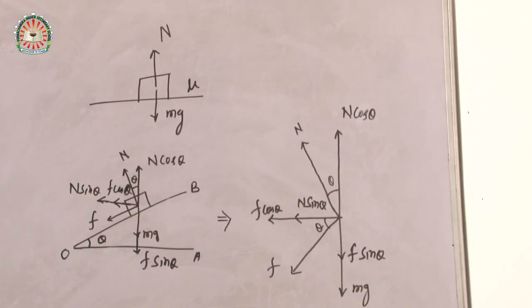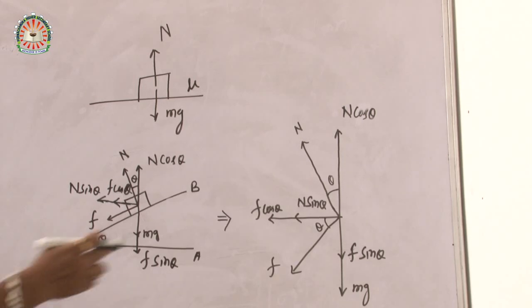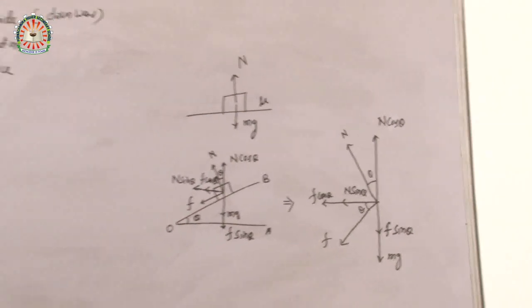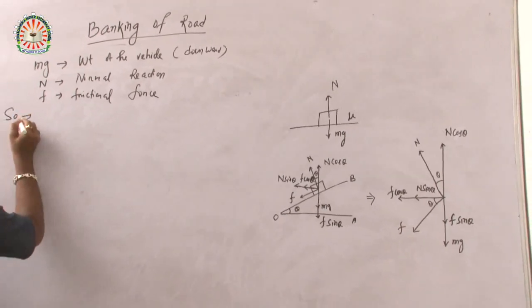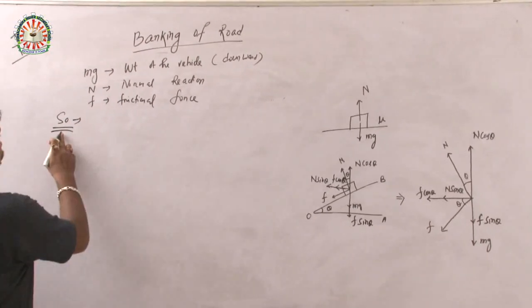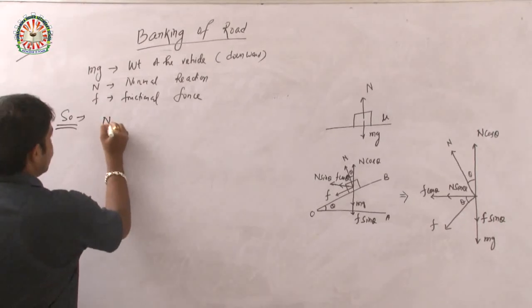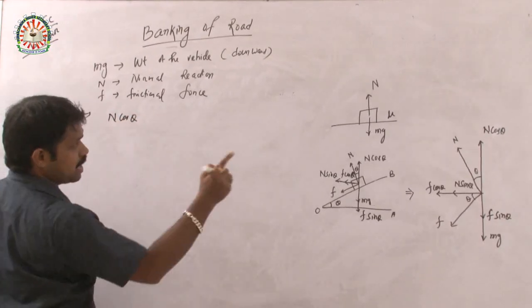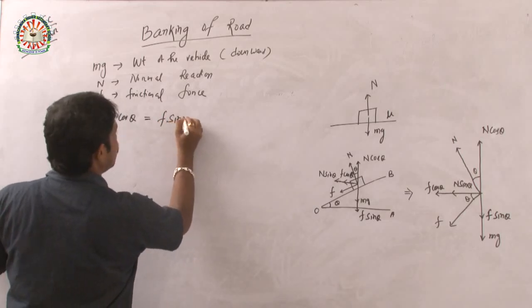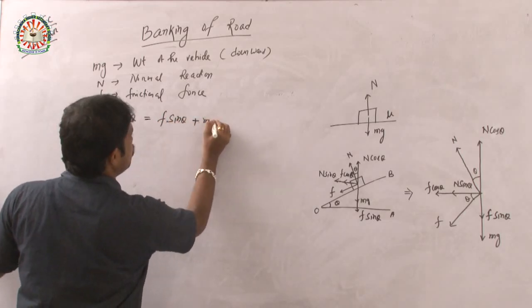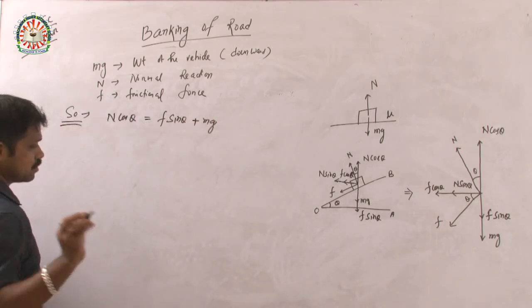So let us now balance one by one. First of all, balance the upper one. Look very carefully. Now n cos theta is equal to f sin theta plus mg.